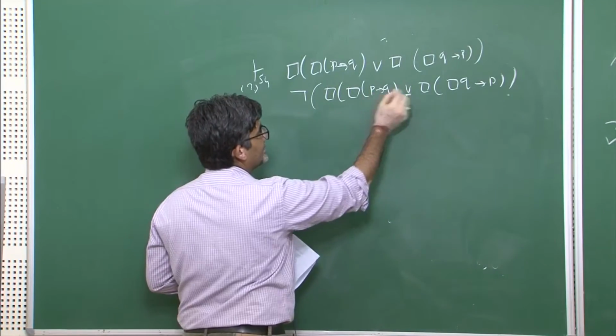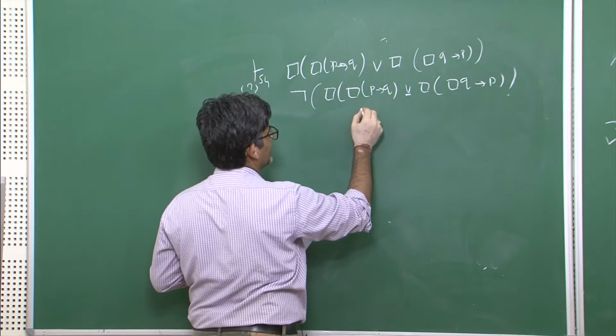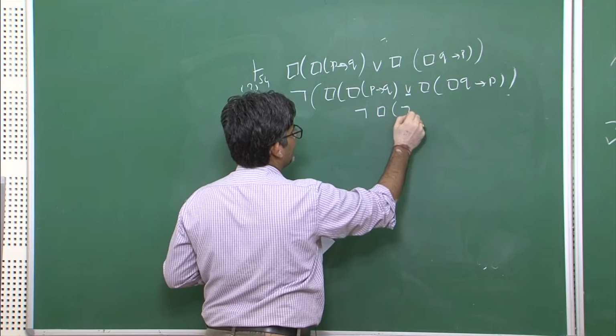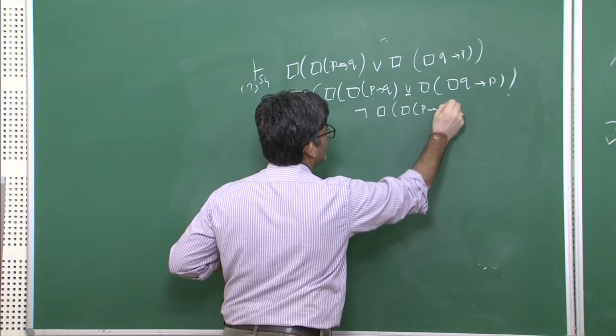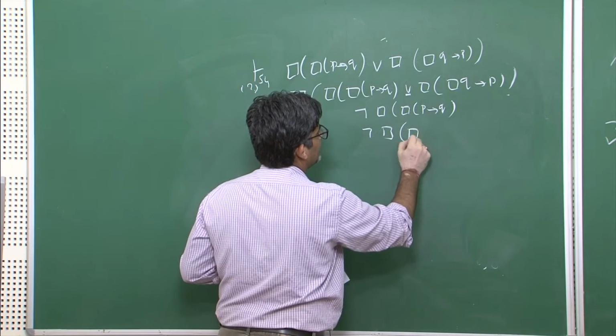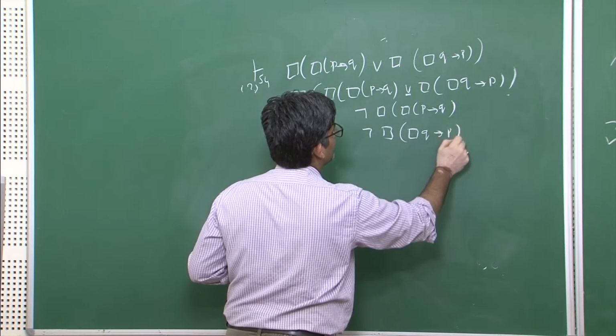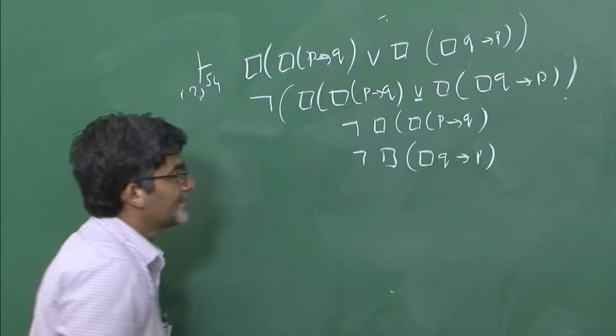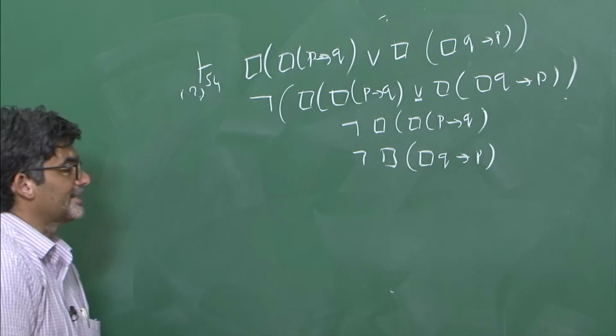There is a disjunction here. Negation of disjunction is conjunction. So it is going to be like this. Negation of necessity of P implies Q, and negation of necessity of Q implies P. We need to be a little bit careful about the brackets.